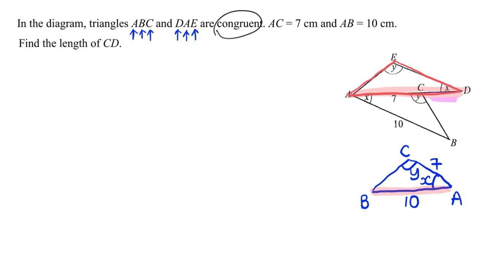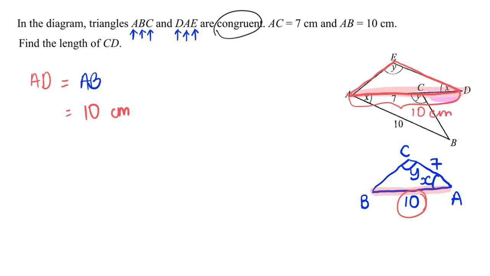Congruent means they are exactly the same, yes? And therefore, I now know my AD is actually equal to my AB. And my AB is 10 cm.